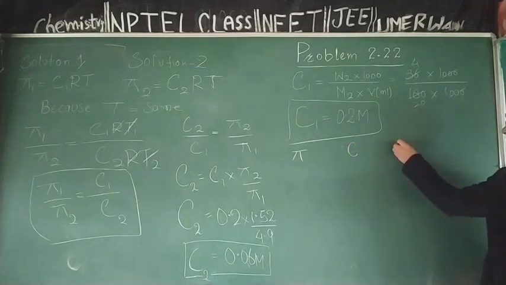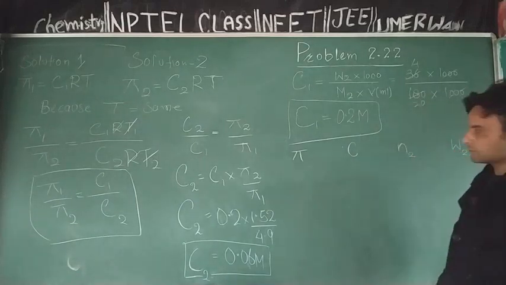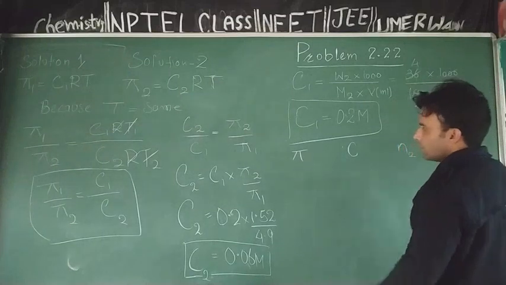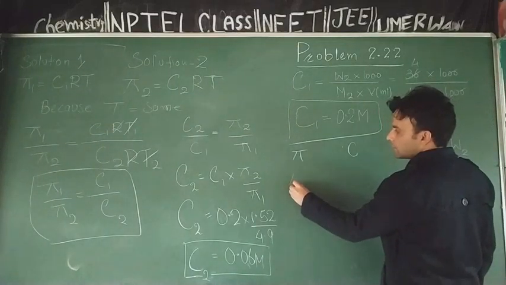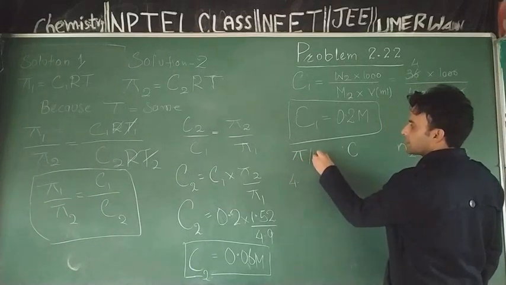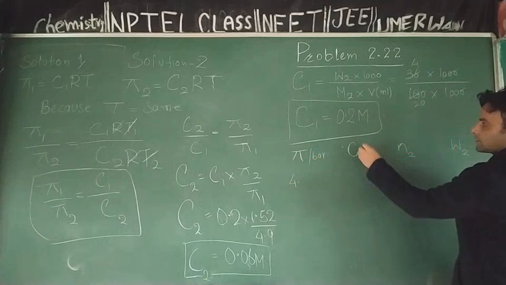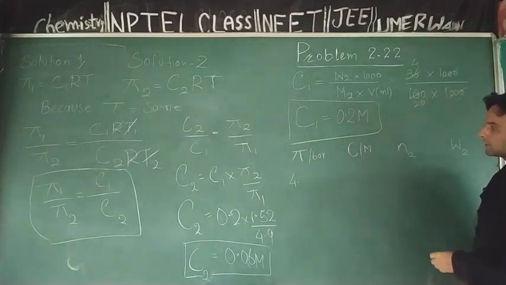In third column I may write number of moles of glucose, N2, and in fourth column dissolved weight, W2, weight of glucose dissolved. First, osmotic pressure was 4.9, unit of osmotic pressure is bar. This is molarity, mole per liter.